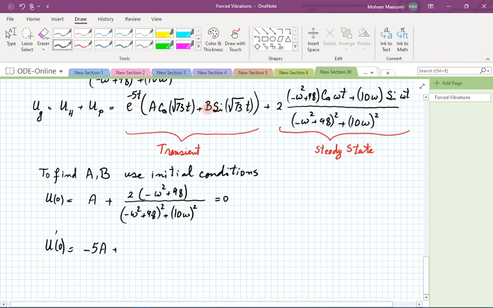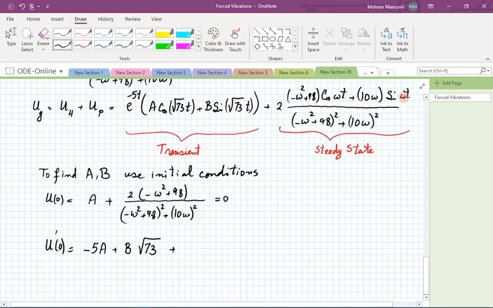It's going to be B. But when I differentiate this, there's going to be radical 73 coming out of it, and this is just an exponential. So what's going to survive is B radical 73. I'm writing a bit of a shortcut. You either learn the shortcut or just go through it the long way.